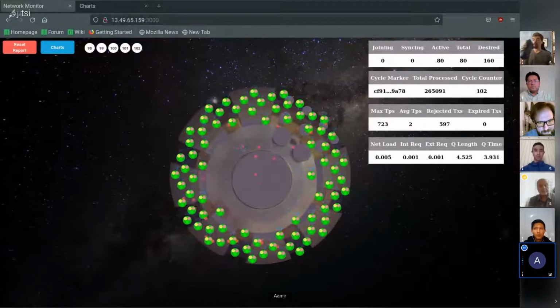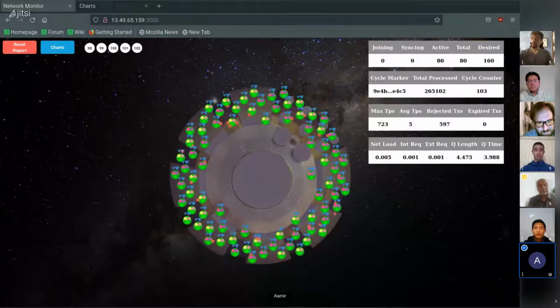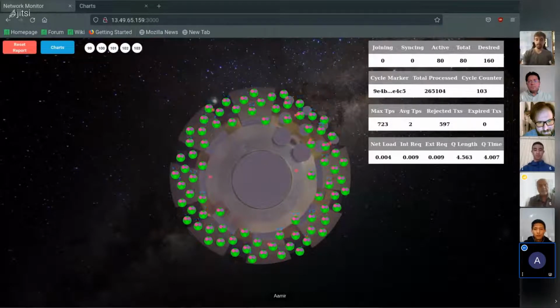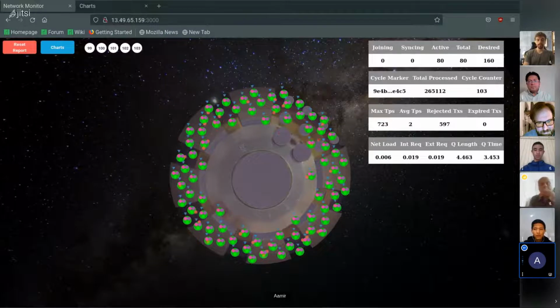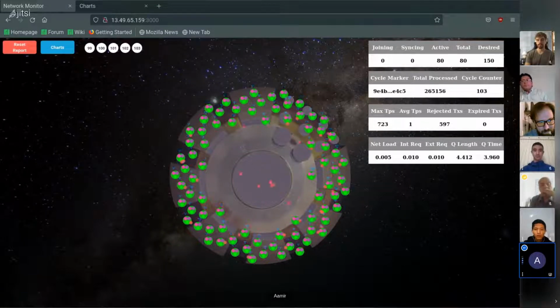They do this kind of gossip where they talk to each other to come to consensus on whether all of us should allow more nodes in, or all of us should make the desired number of nodes less. And seeing those visual indicators is really helpful when we do debugging and that kind of stuff.